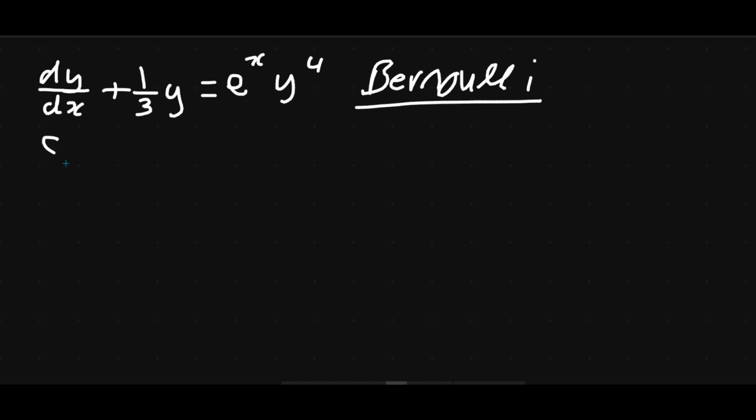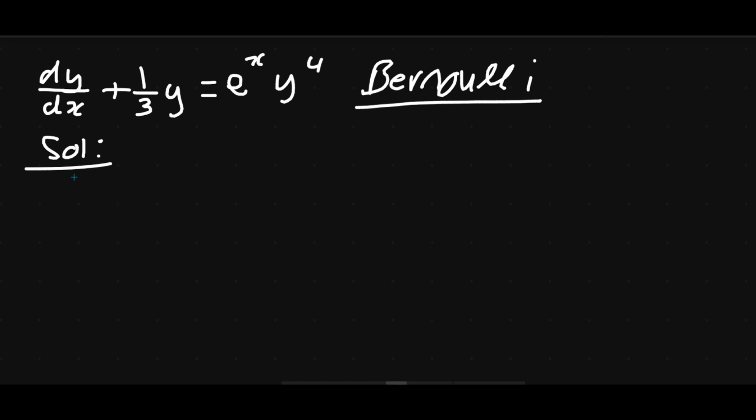So, solution. First of all, we're going to divide out by this power of y to the fourth. I'm going to make use of the prime notation for derivatives today, just to clarify.